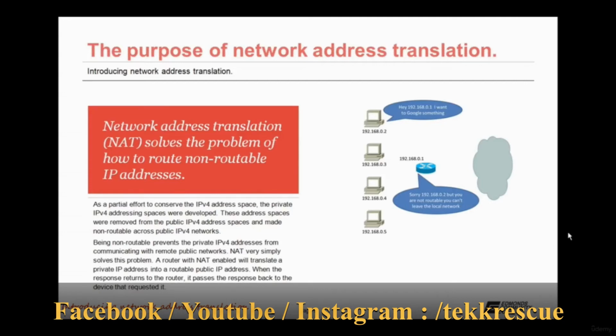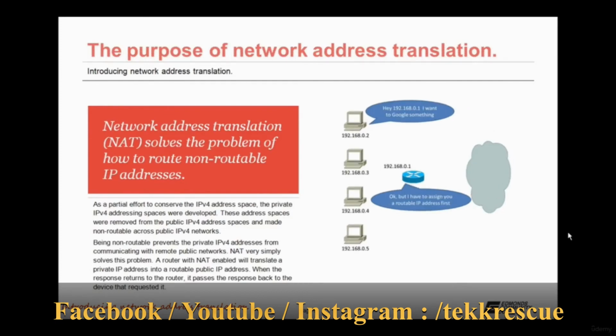These address spaces were removed from the public IPv4 address space and made non-routable across public IPv4 networks. And this led to the problem. Being non-routable prevents that private IPv4 address from communicating with remote public networks. NAT very simply solves this problem.